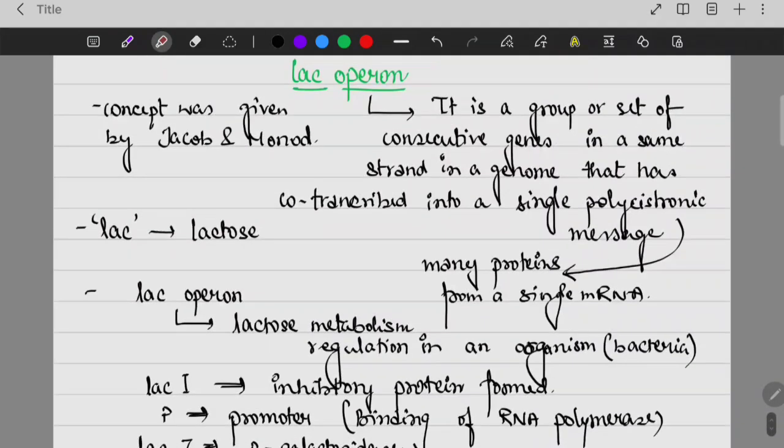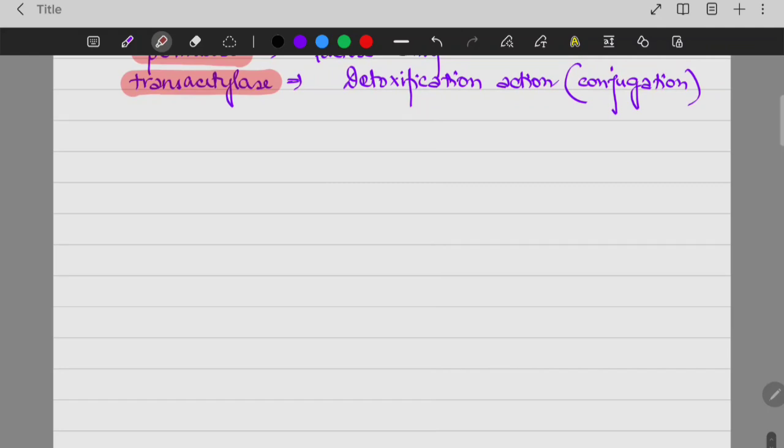I should write these 3 points here, the 3 situations I have given. If glucose is present, then lac operon, not any action, or I would say repressed.